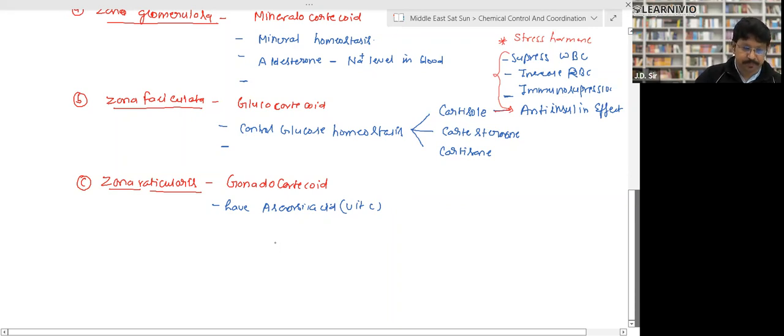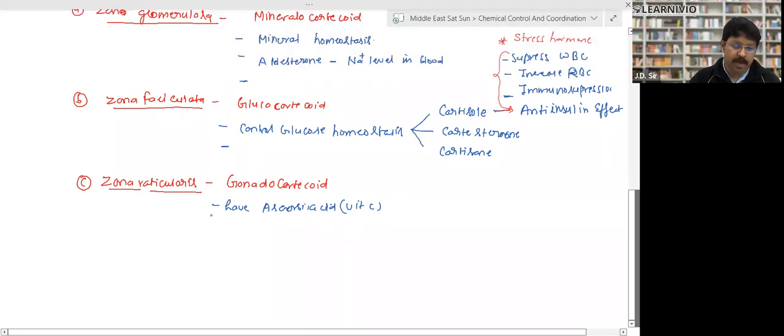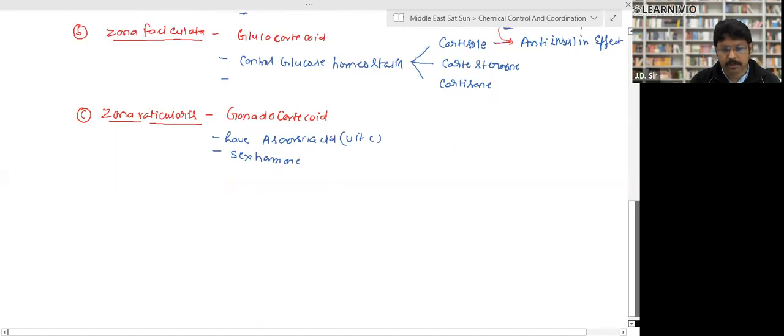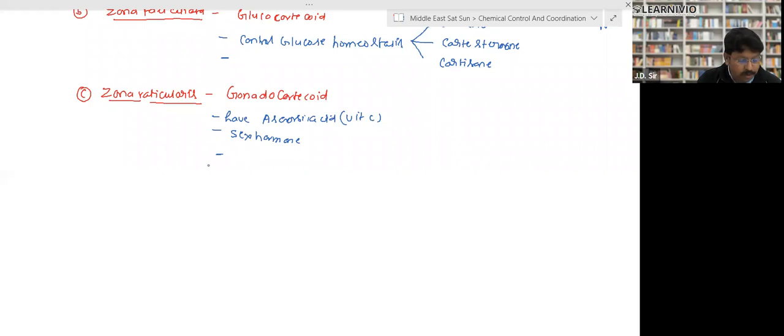Next. Gonadocorticoids are also known as sex hormones.